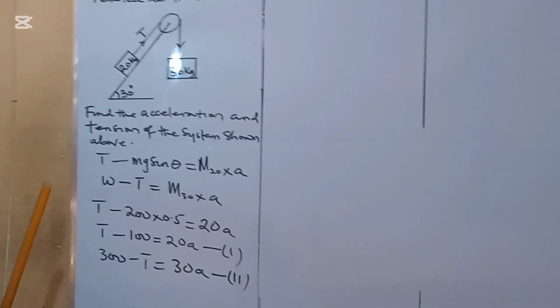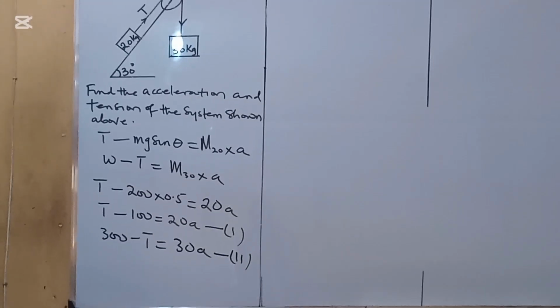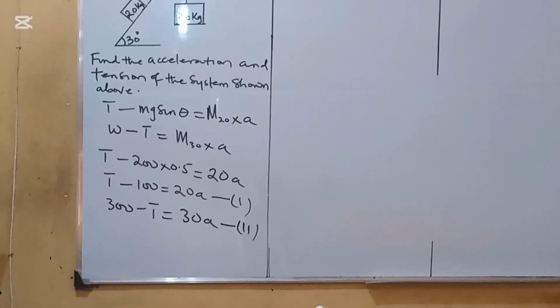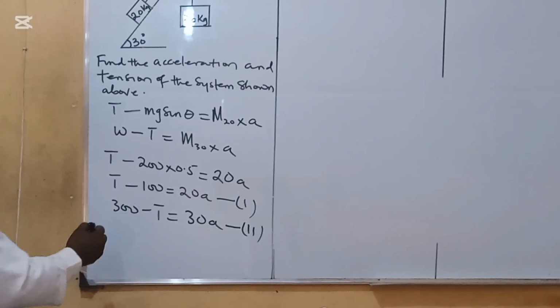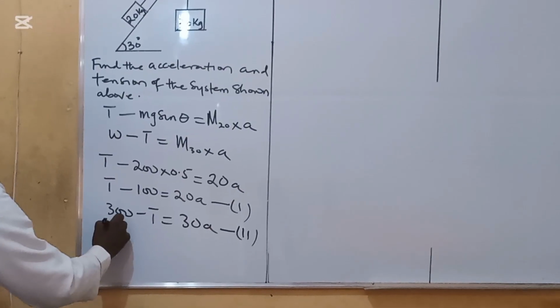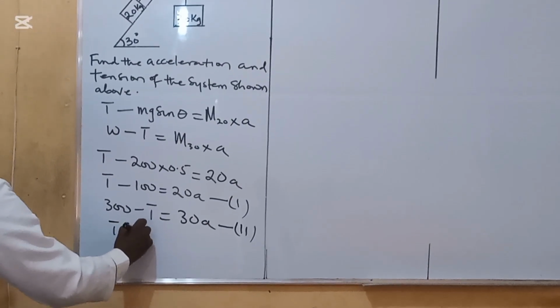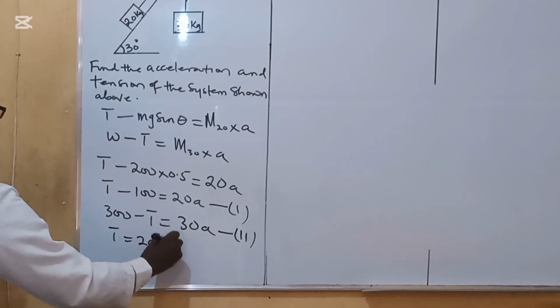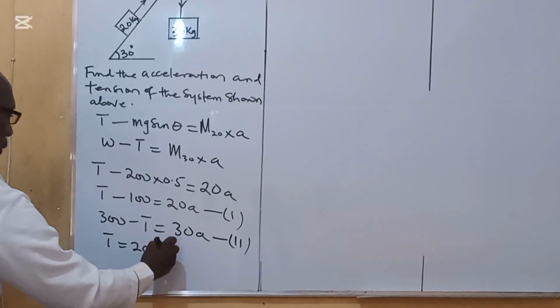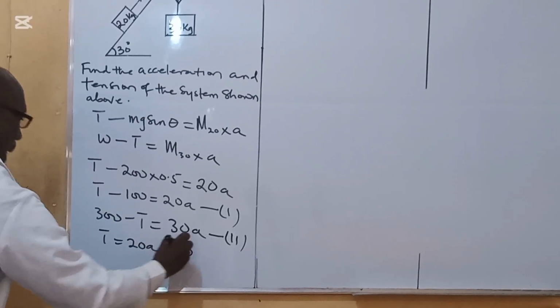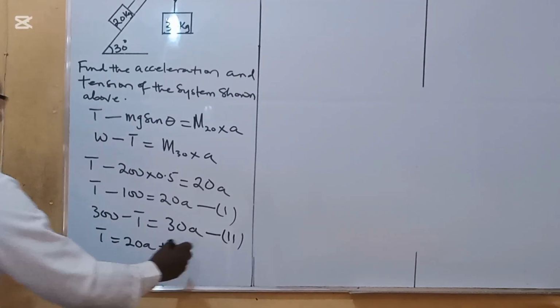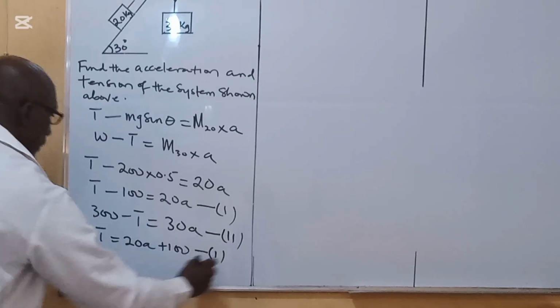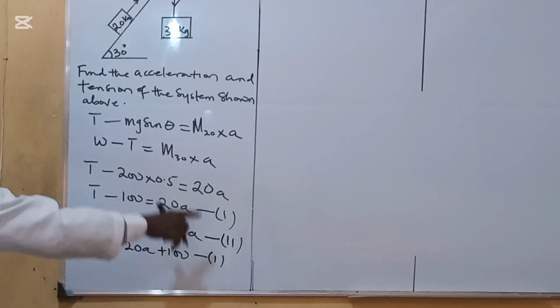We can rearrange both equations and make T the subject of both equations. Now from equation 1, I can say T is equal to 20A plus 100. Call this equation number 1. Now let's take this T to the other side.